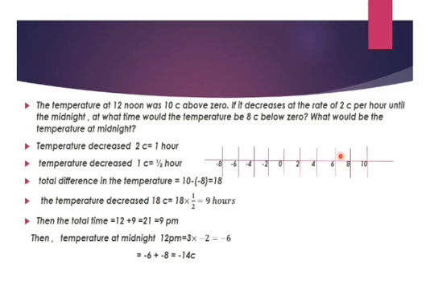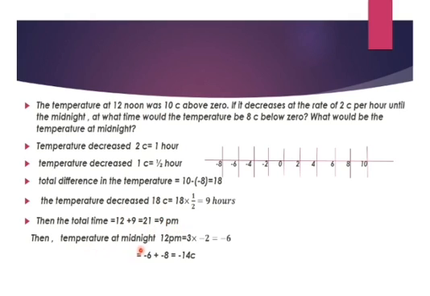In that way, 1, 2, 3, 4, 5, 6, 7, 8, 9. 9 hours, the temperature lowers to minus 8 degrees Celsius. Total time taken is 9 hours. Then the total time from 12 plus 9 is 21. We can convert it into 9 p.m. easily. 21 is 9 p.m.